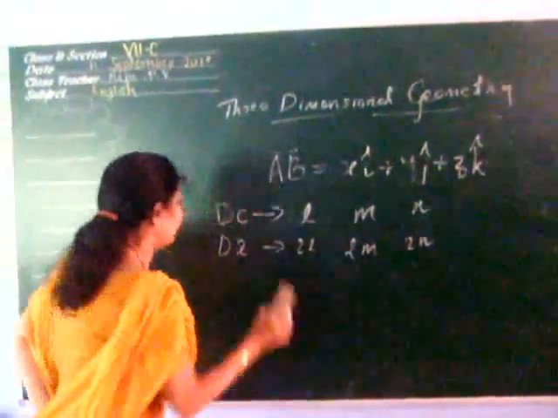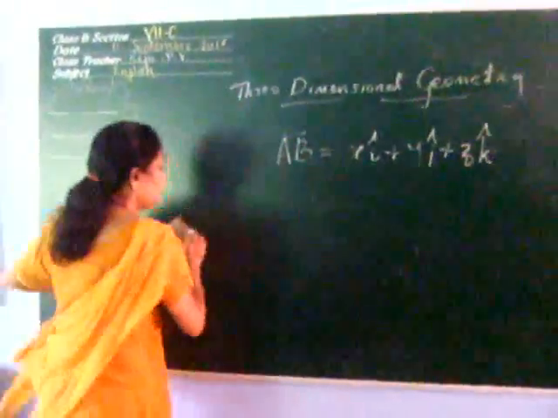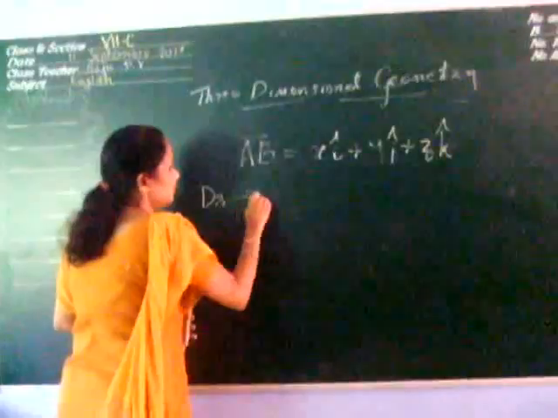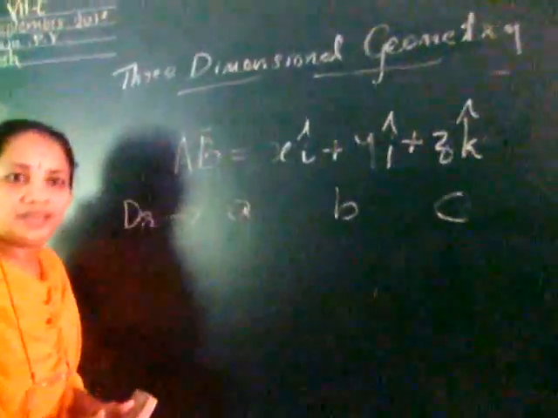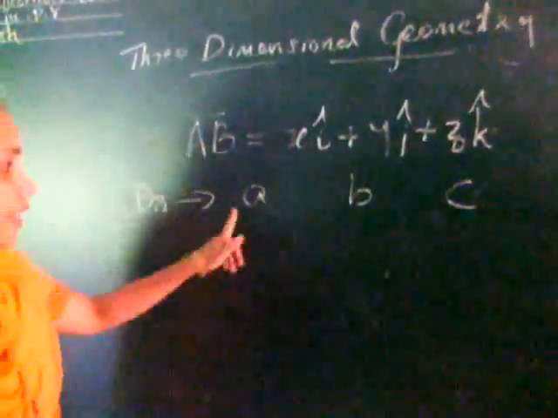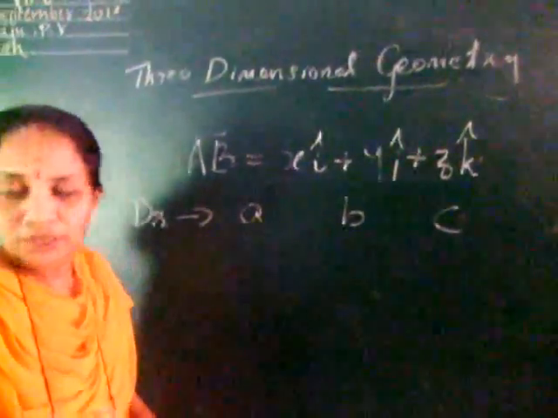But on the other side, suppose direction ratios A, B and C are given. A, B and C are called the three direction ratios.